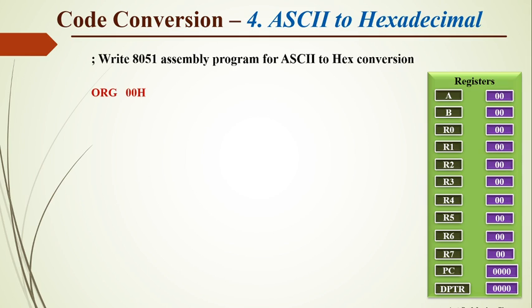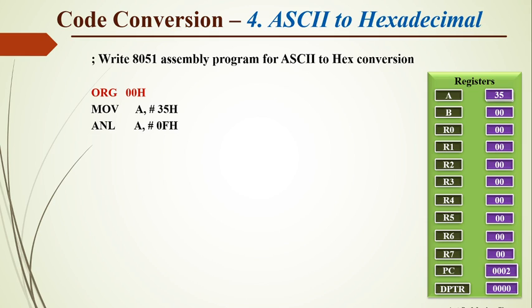Write the program for the same. Load, or copy, the first number that we have to convert into the accumulator, that is 35H, and AND this number with 0FH.